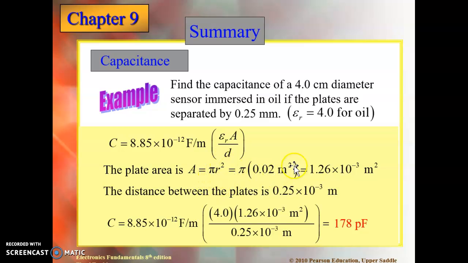Pi times r squared gives us our area, and then the distance we put in meters so the units cancel. We get that our capacitor is going to be 178 picofarads. So this is how you would design something if you had the physical components of the capacitor. So let's stop right here.